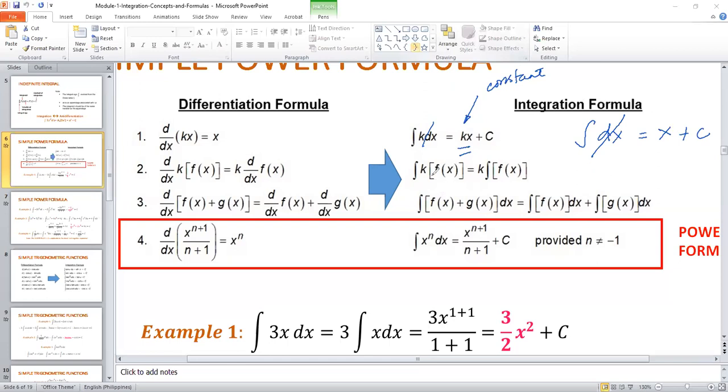Whenever your particular constant k is multiplied to a particular function, f of x, what you do, you set aside the constant. It's just like you write this integral equation in this form, k times the integral of the function of x dx. Why? Because this one is a constant, or it's a factorable constant.